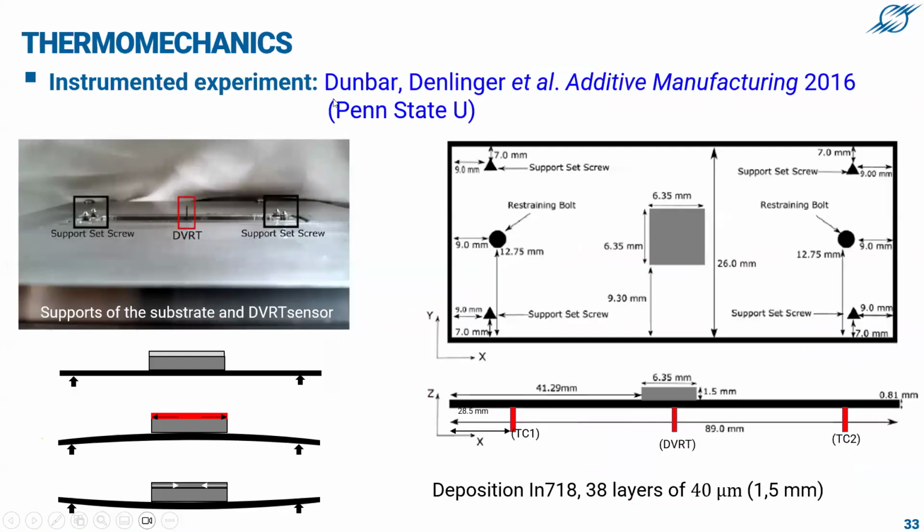Okay. An example of an instrumentation that was very nice to validate such formulation. It is forming a deposition on a thin substrate equipped with mechanical sensors. And the advantage is that because of the cycle of the heating and cooling, the substrate reacts by bending, and we can follow this with mechanical sensors.